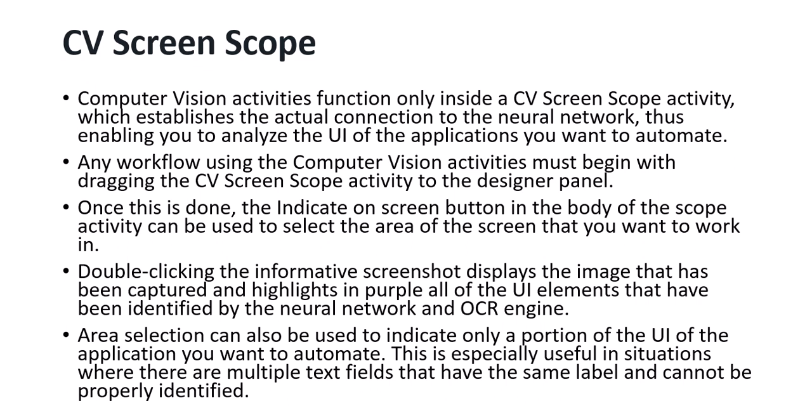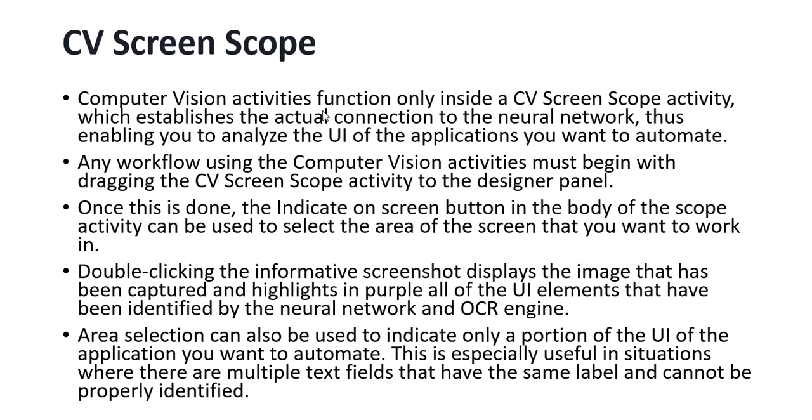This is very useful, as mentioned here, if you have the same label twice on the screen, then the neural network will be confused about which one to identify. Obviously, we can use an anchor for that. But if you want to avoid that situation, you can just highlight the portion where your element of interest is, and extract the value from that element. So all these features are available with the CV Screen Scope activity.